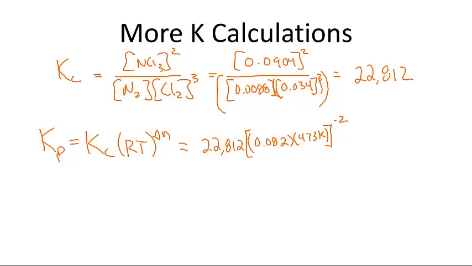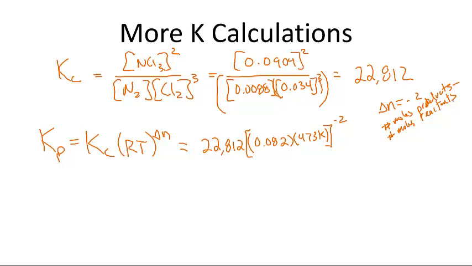Okay. So where did we get all of these numbers from? So, 473 is 200 Celsius in Kelvin. Remember, this is gas stuff. We want to go to Kelvin. The -2, where did the -2 come from? Delta N is -2 because it's number of moles of gas in the products minus number of moles of gas in the reactants.